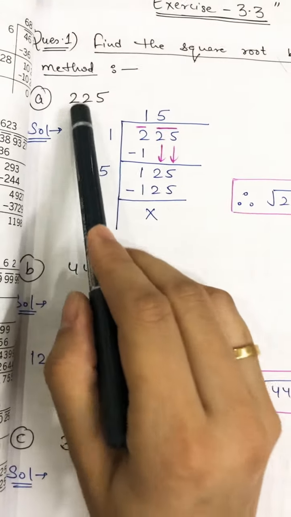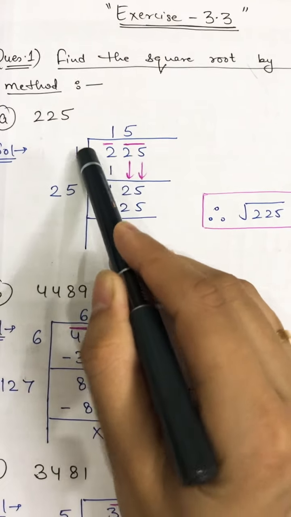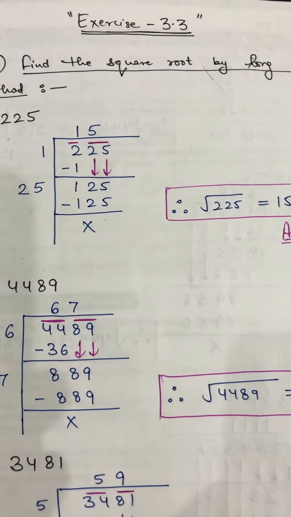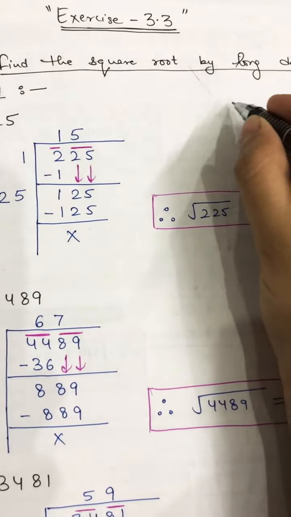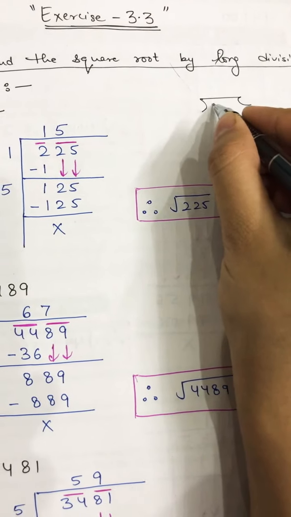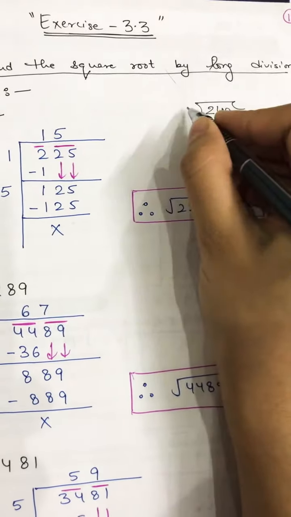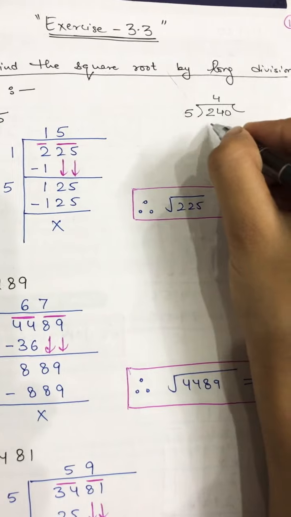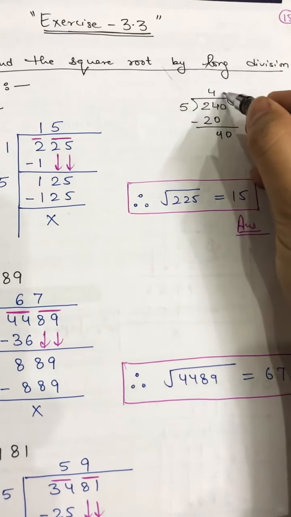Question number 1, part a is 225. You have to make a symbol in this way. Like the way you do division, suppose you find the division of 25 by 5, or suppose I have 240 and divide by 5. You do it this way: 5 fours are 20, and then 40 goes down, 5 eights are 40.